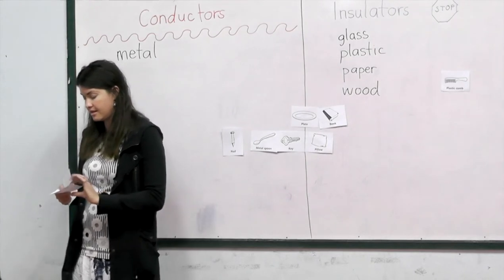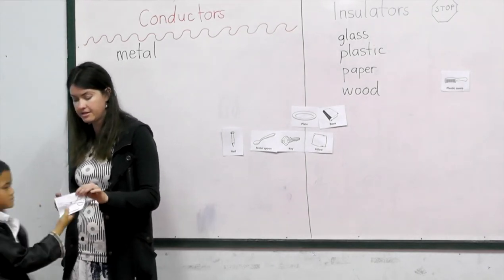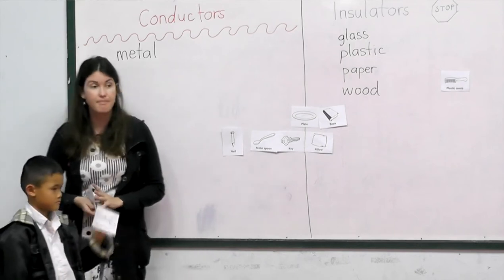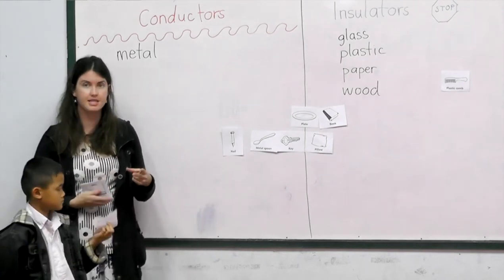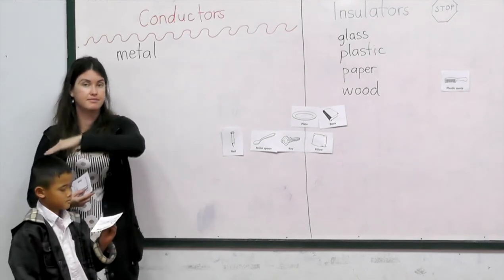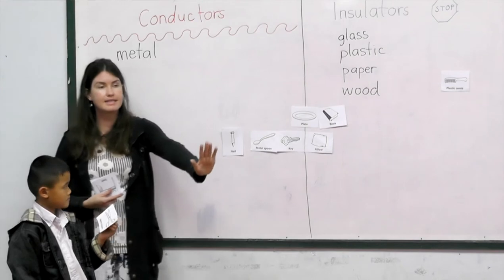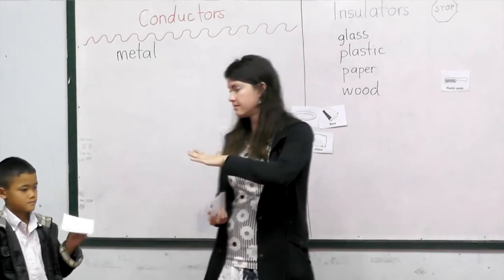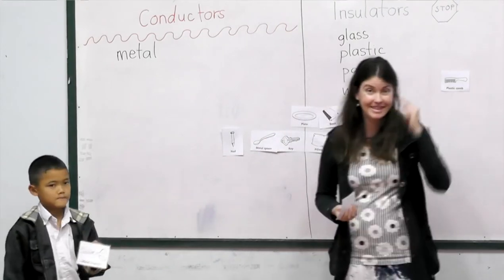Come on up here. Okay, show your picture to your friends. Hold it up high, like this. Metal scissors. What do you think? Is that a conductor or an insulator? Why do you think it's a conductor, friends? Good. That's a good clue.